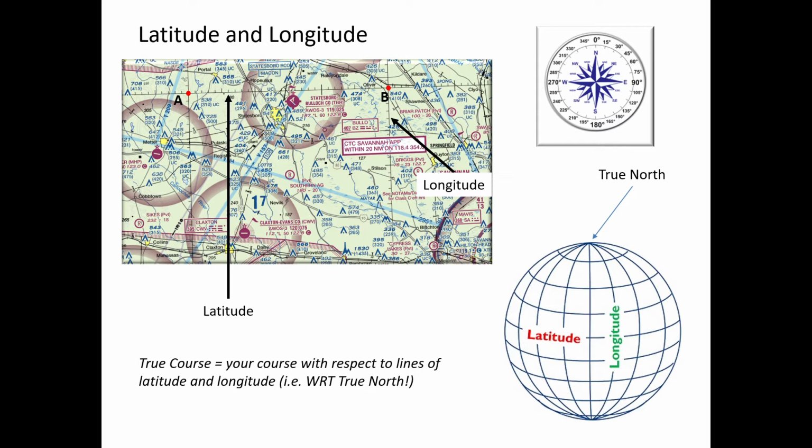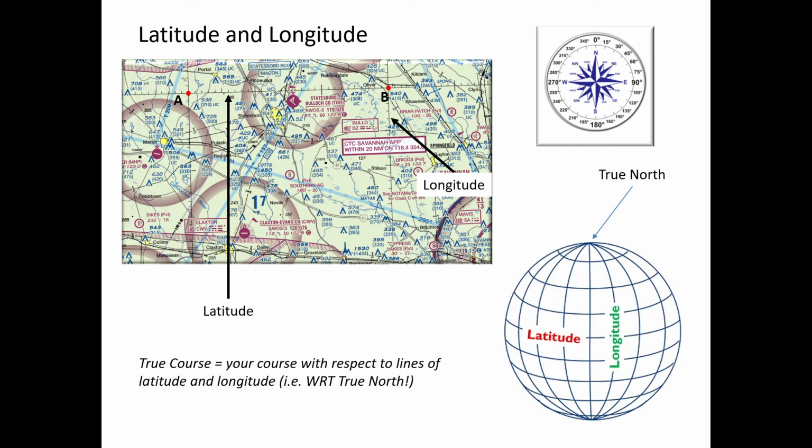The lines of latitude, of course, travel around the Earth east-west, and lines of longitude travel around the Earth north-south. Now, what's interesting between the two is lines of latitude don't necessarily meet at any point. They traverse the Earth just east-west, slicing the Earth in an up and down fashion, if you will.